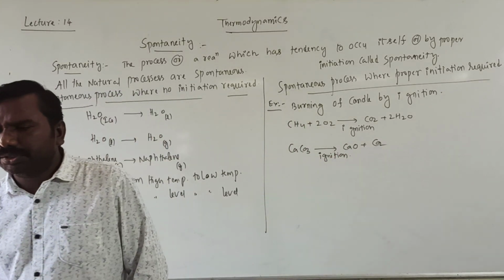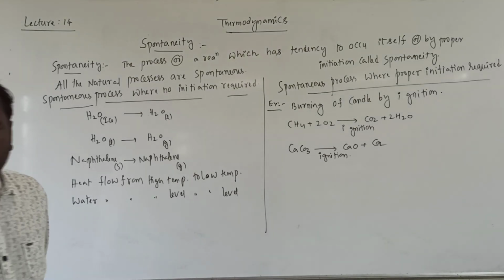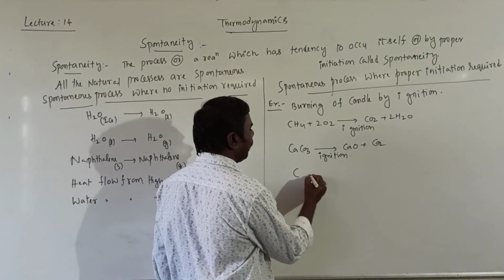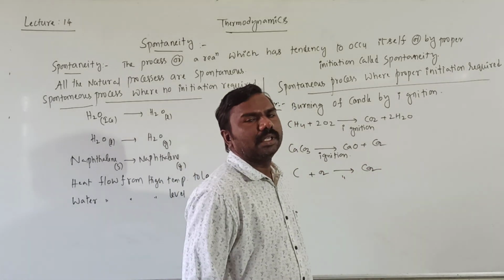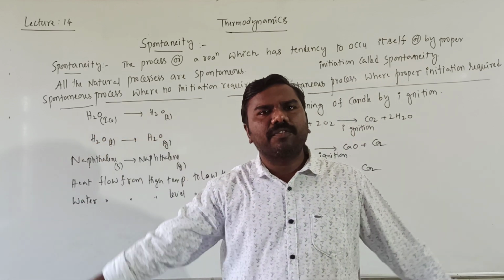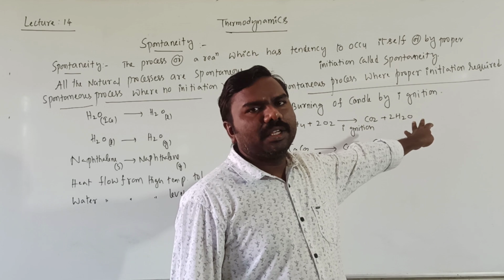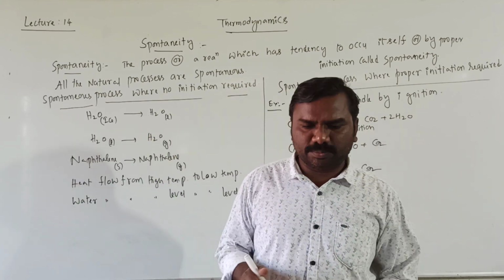Similarly, many more reactions, such as carbon combustion: C plus O2 gives CO2 by ignition. It means these are by itself, and these are by proper initiation. These are all spontaneous processes.